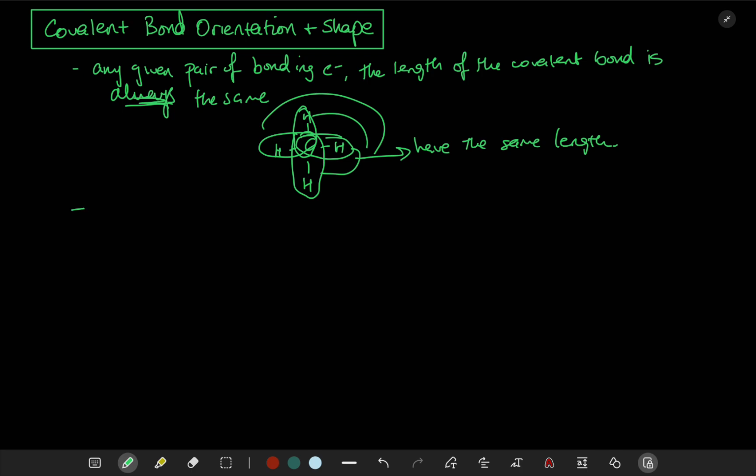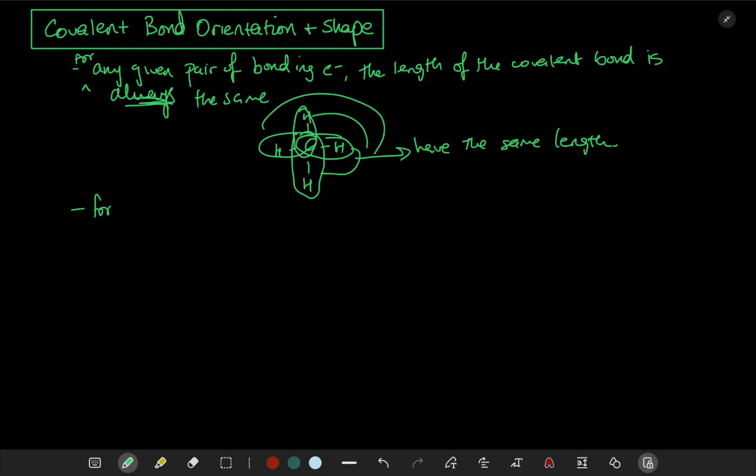Now, additionally, the angle of each of the covalent bonds in a molecule with respect to the other bonds is for the most part the same. So here, I should probably write 4 here.